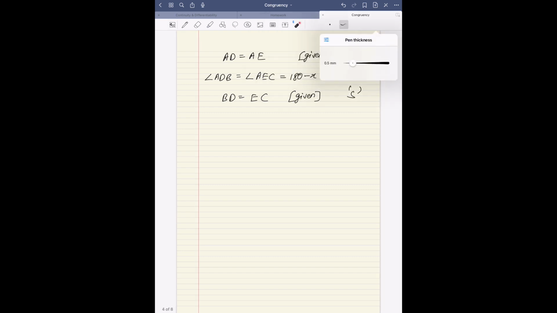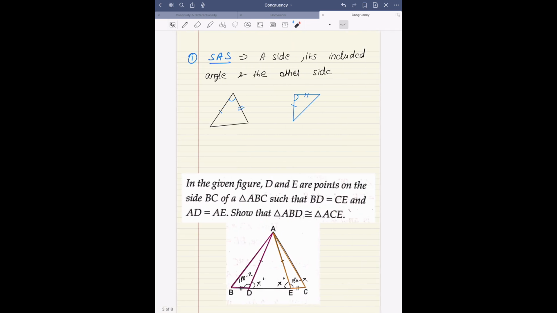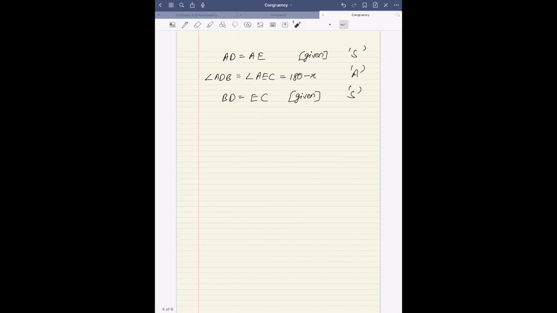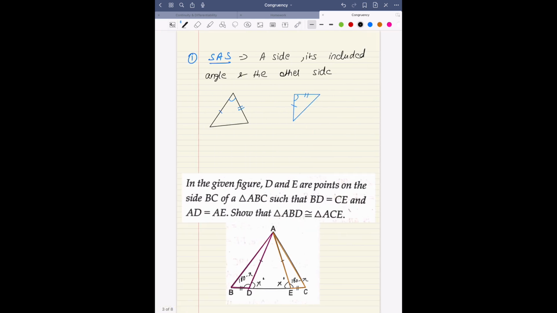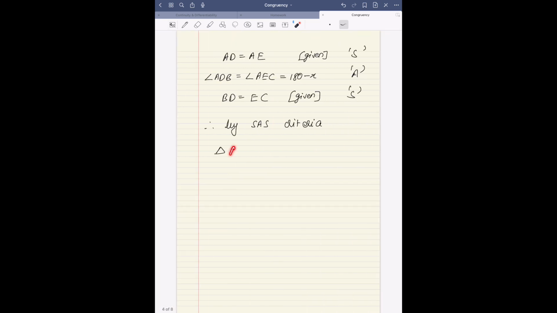Right? Now what is this? You have proved that by SAS, since you figured out that in these two triangles side, included angle and side are equal. Hence, by SAS criterion, triangle ABD is congruent to triangle ACE.